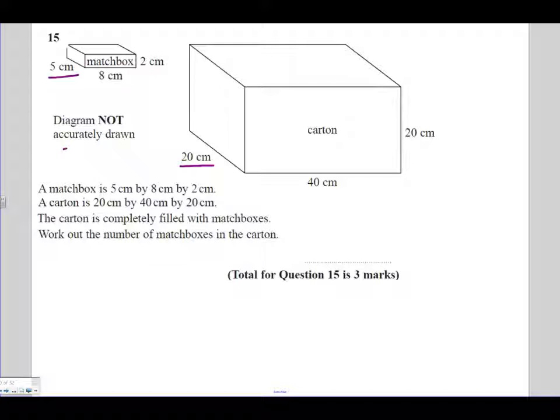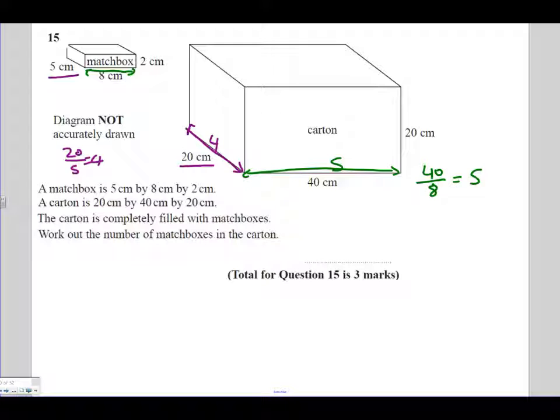So when we divide 20 by 5, we know that we get 4 matchboxes along that dimension. And we do this with each of our dimensions. If we now look at the width of our matchbox, it's 8 centimeters, and the width of our carton is 40 centimeters. So 40 divided by 8 is 5.